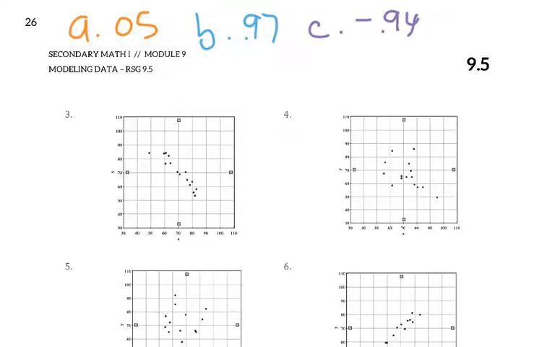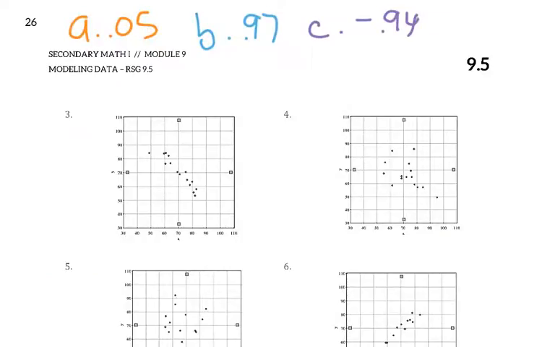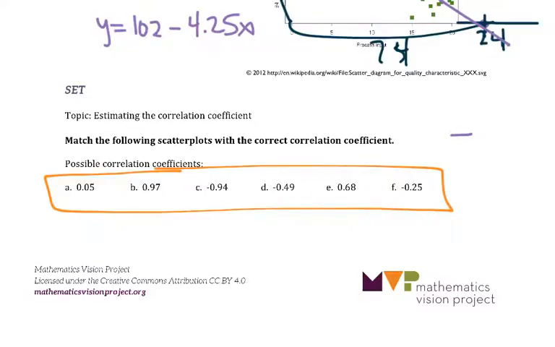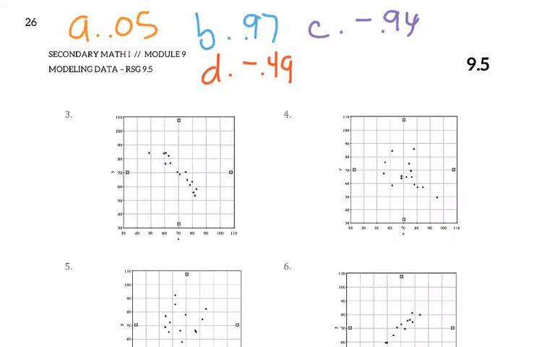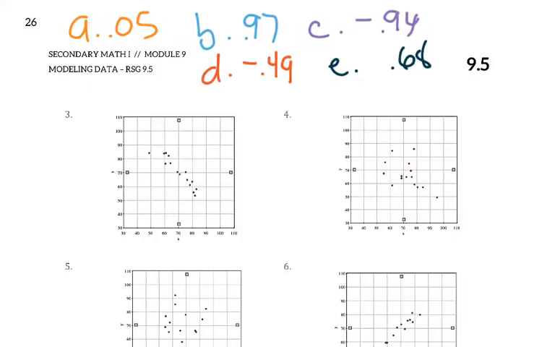Put these decimals here a little better. D, negative 0.49. E, 0.68 positive. And F, negative 0.25.